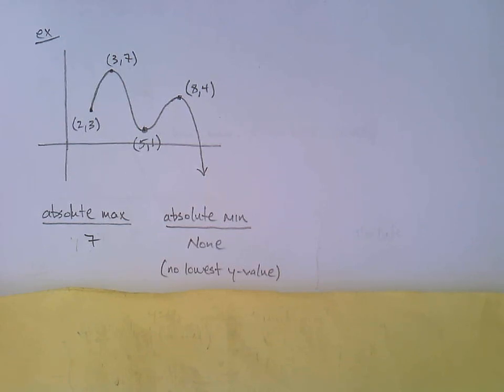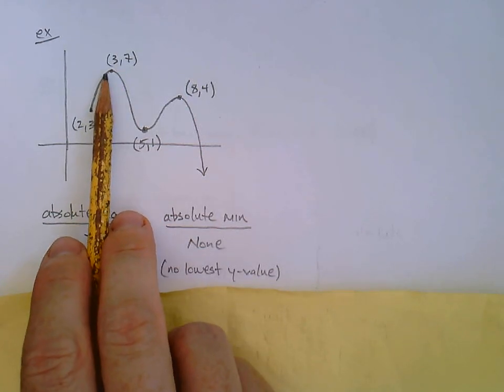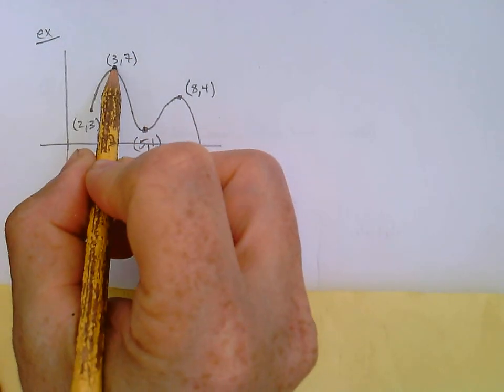Okay. How about the local maxes and the local mins? Let's start with local maxes. A local max is the highest point in a small neighborhood. So this point here, it's the highest. And if you think of its neighborhood, you could draw a small circle.